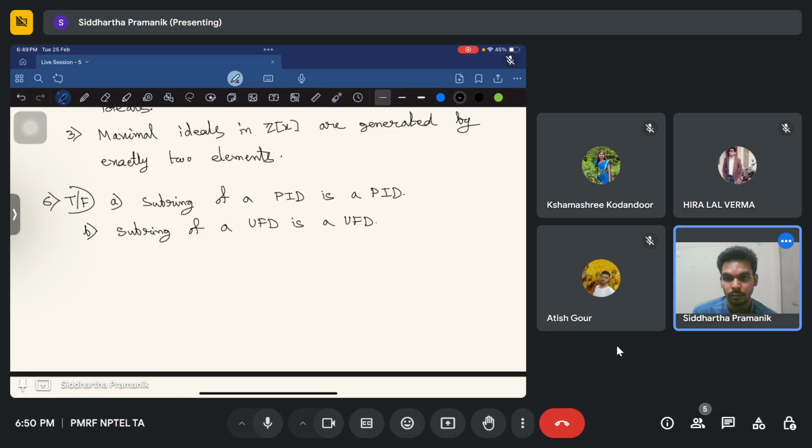Q[x] is a PID, but Z[x] is not. Yes, you are right, so the first one is false. We can take your example: Q[x] is a PID, but Z[x] is not a PID.